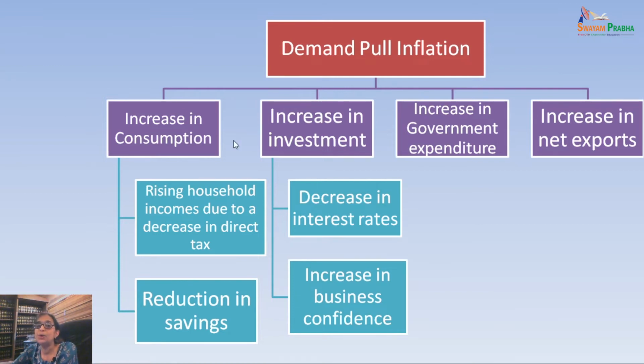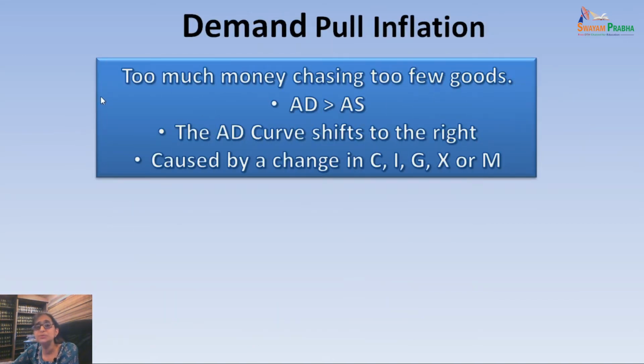Now let us see all this shift and whatever we have discussed here in the form of a graph. We have just understood that when we talk about demand pull inflation, we are saying it is too much money chasing too few goods. Why? Because aggregate demand is more than aggregate supply. This too much money chasing is, from the point of view of monetarists, or it may be because of the four factors we've just understood.